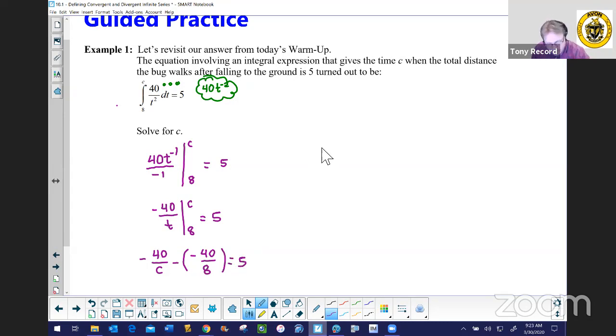All right, and then I'm going to kind of work up here in this next column so I don't have to scroll down. And we have negative 40 over c. Let's see, this is a plus 5 equal 5. Okay, so it looks like those 5s are going to go away. So negative 40 over c is equal to 0.